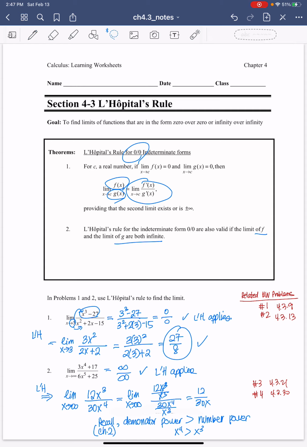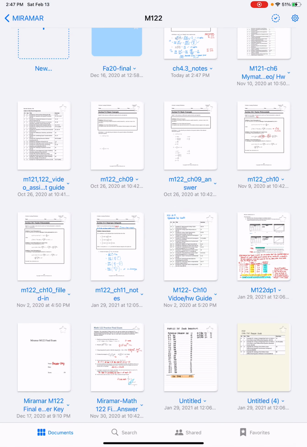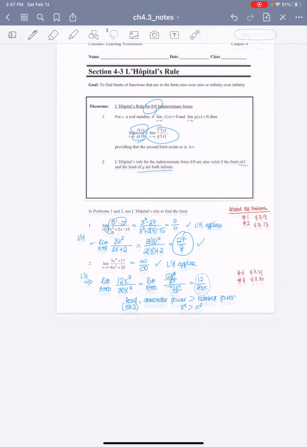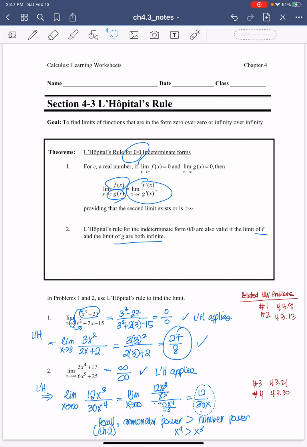Don't forget the limit. Limit as x approaches infinity. So you can definitely see that you have 12 on the numerator and you get really big numbers in the denominator, so you end up getting 0. So either way works.